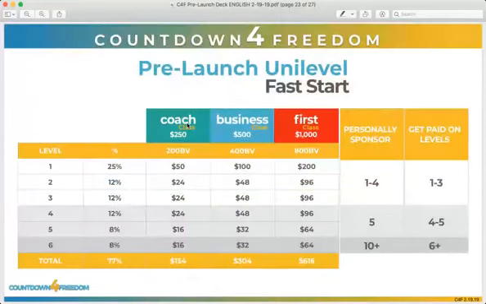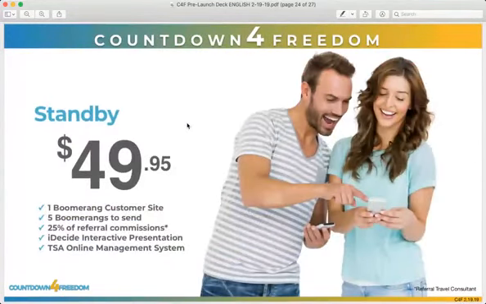Okay, let's go on. We're going to share with you 3 different ways. This is, by the way, what you're seeing is our Fast Start Unilevel pre-launch compensation plan. And it's just designed to help people earn while we're developing the business. So I'm going to talk about the 3 specific ways to get in, to join us.